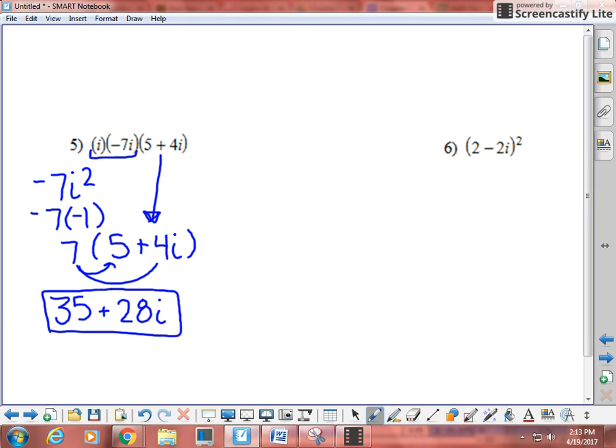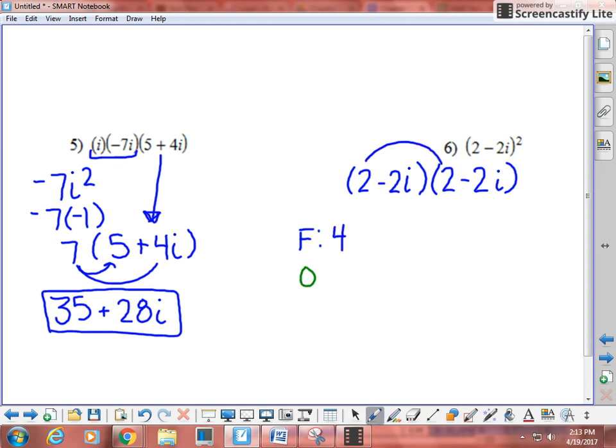Well, what does it mean when I'm squaring something? That doesn't mean that I can distribute the squared. What it means is I'm writing it twice. I'm multiplying it times itself. Remember that we can either think of it as double distributive property, or we can think of it as FOIL. If you want to think of it as FOIL, here's my first. It's going to be 4.